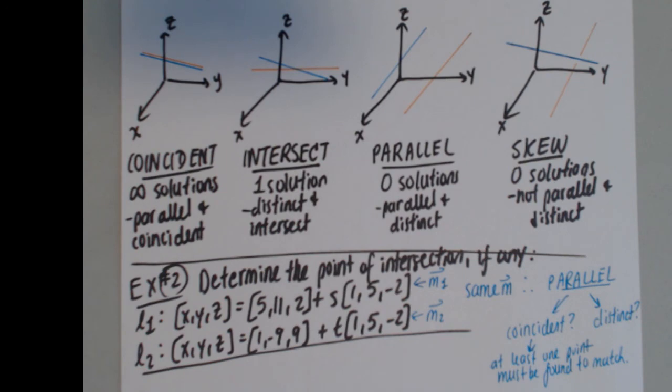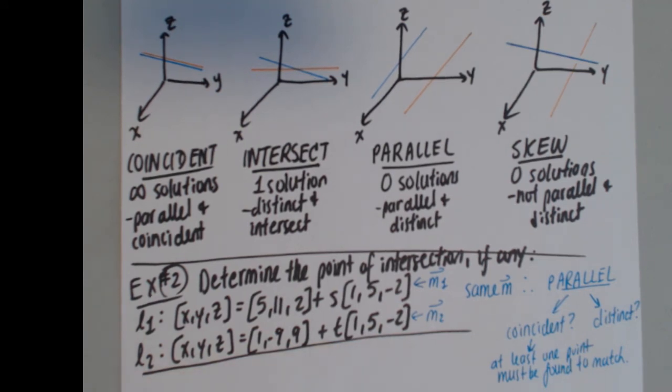We know a point on L1 and we know a point on L2. A point on L1 is (5, 11, 2), and a point on L2 is (1, -9, 9). So all you need to do is take one of those points, plug it in the other equation, solve for your t values for each dimension of x, y, and z, and see if they match.